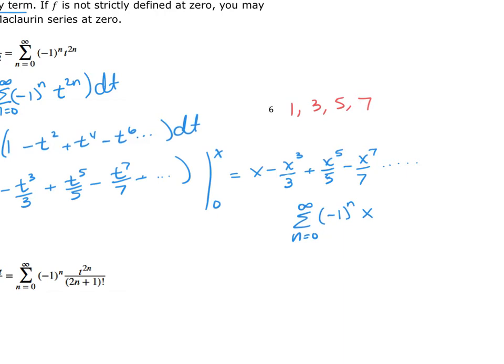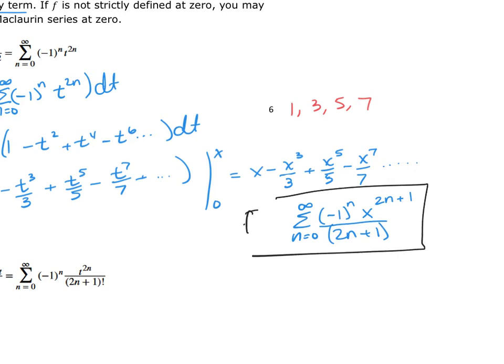This is an arithmetic sequence, and so my arithmetic sequence would be of the form 2 times n plus 1. So that's where the 2n plus 1 comes from, and then divided by 2n plus 1, because that's what my denominator is doing. So my final answer is just going to be this. I should say big F of x is equal to.